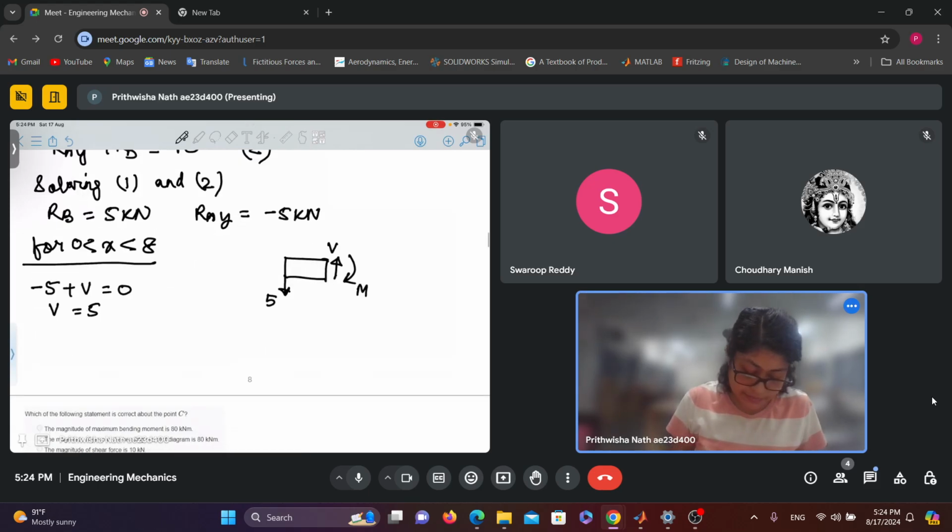and for moment, minus M, so this is x, 5 is causing an anti-clockwise moment, so plus 5x equals 0, therefore M equals 5x.